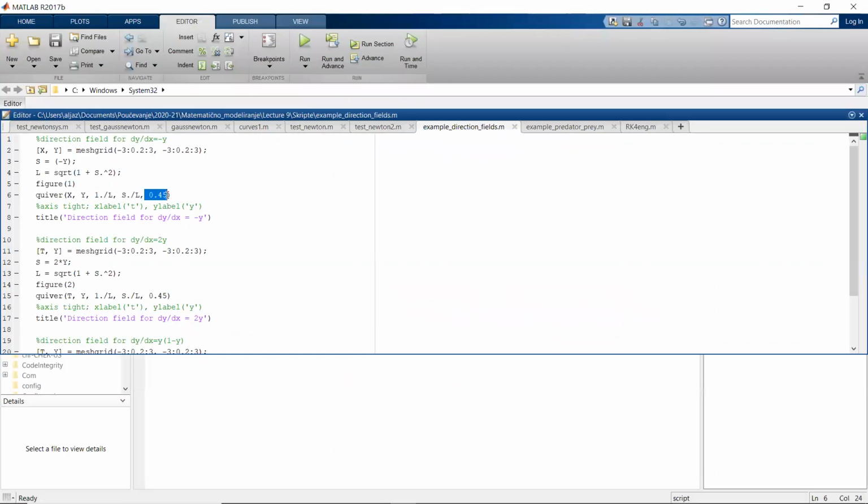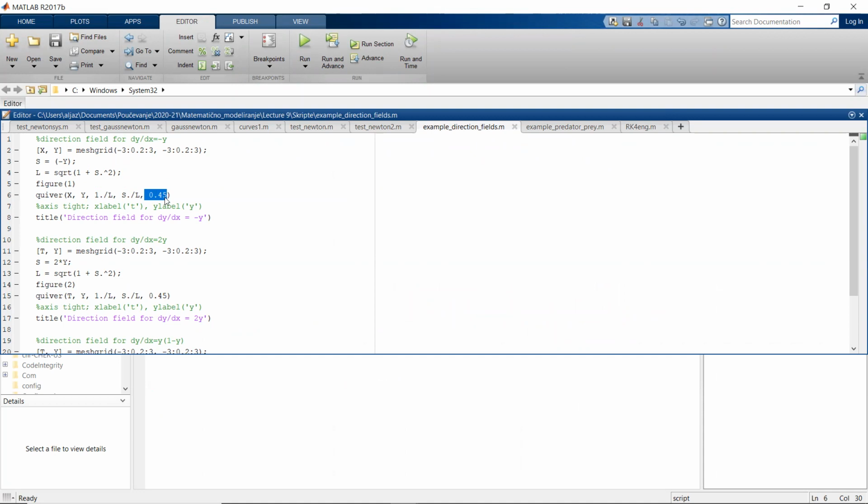Okay, and this factor only tells me by what amount the vectors should be scaled. So with what factor should all the direction vectors be multiplied? If we don't specify this, the image can be very dense and unreadable.